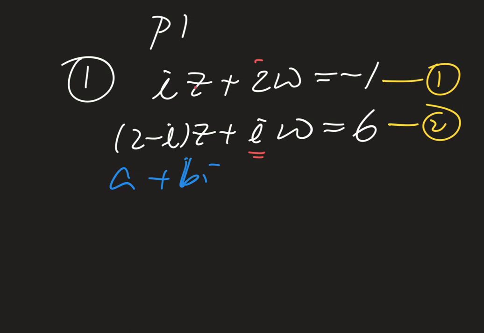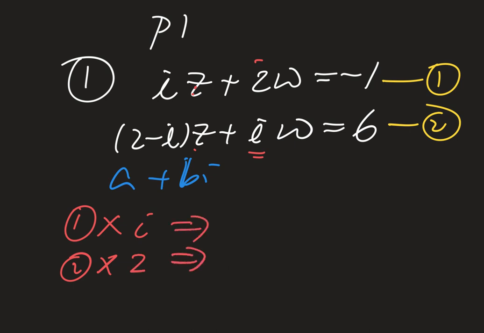You cannot eliminate these 2, right? So 1 you times i, 2 you times 2, what will give you? i minus 1 plus 2iw equals to minus i. No problem, right?